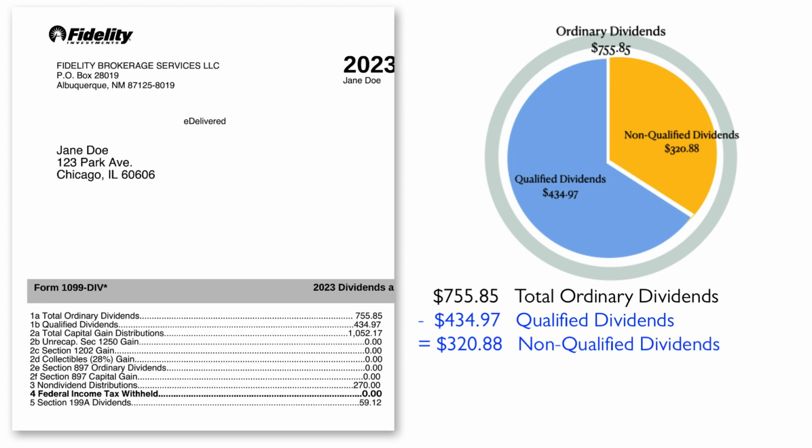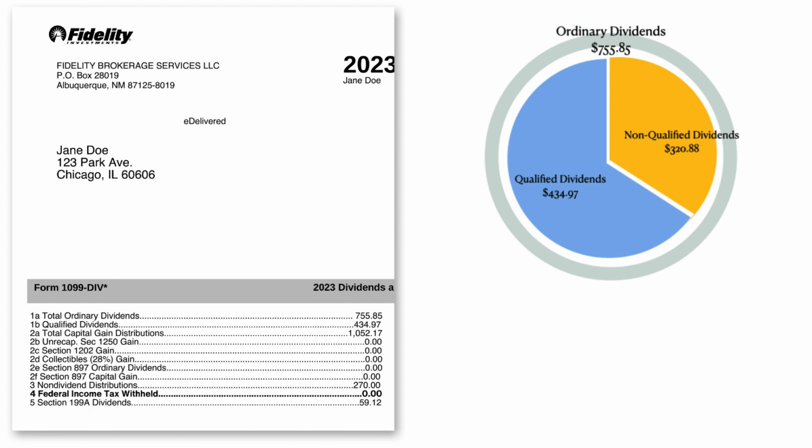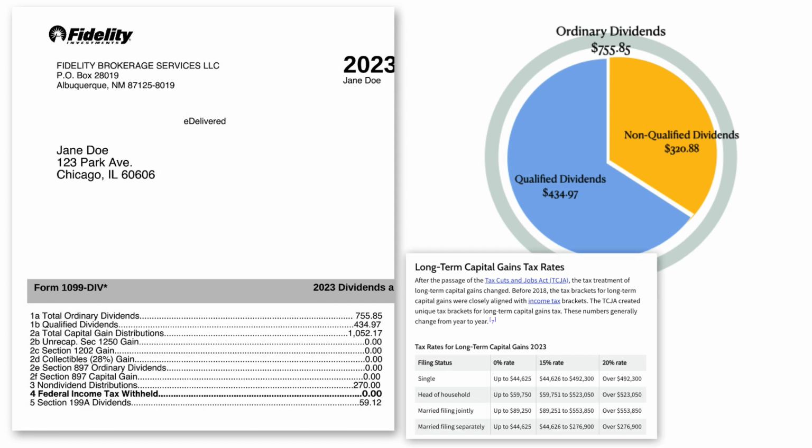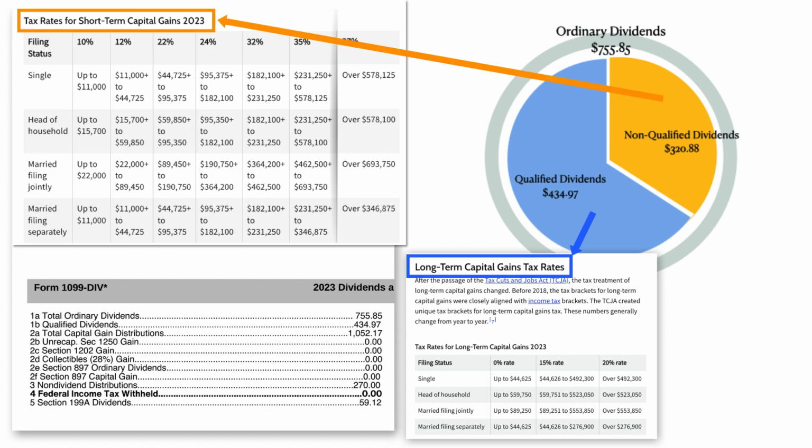The reason for separating qualified dividends is because they are taxed at a preferred long-term capital gains tax rate, while non-qualified dividends are taxed at regular ordinary income tax rates.